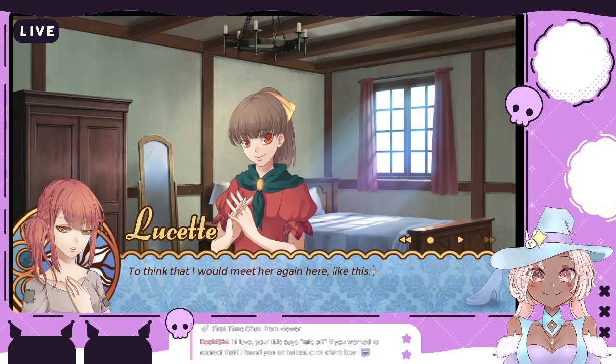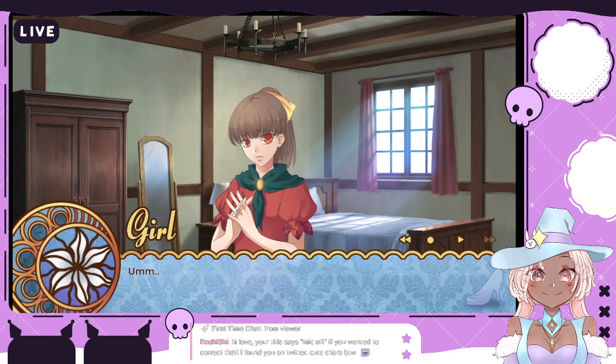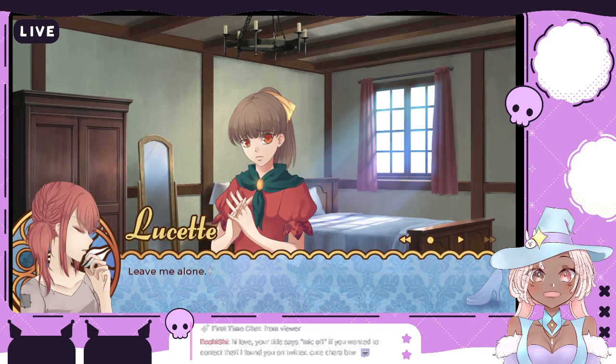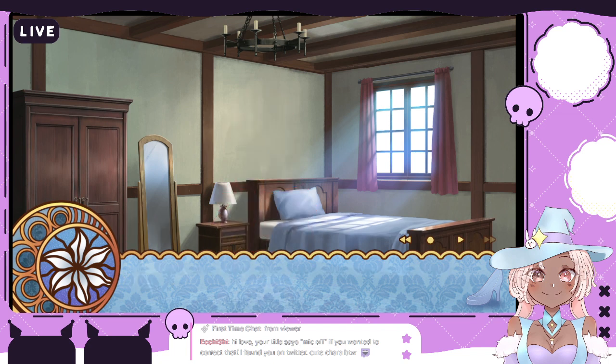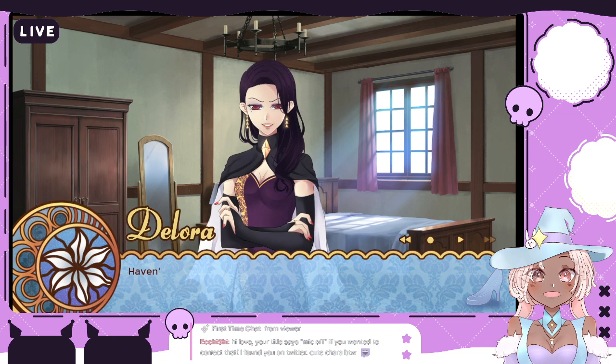Miss? To think that I would meet her again here, like this. Leave me alone. Right, of course. Here's some salve I made for you. Will help with the pain. Now what? Oh my. Miss Dolores is back.